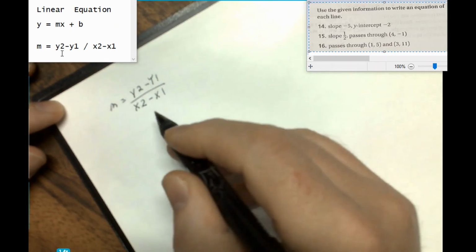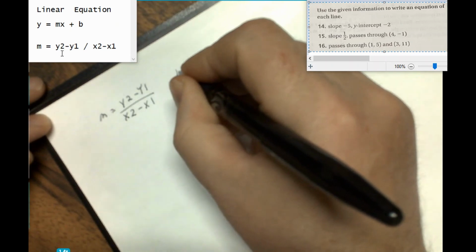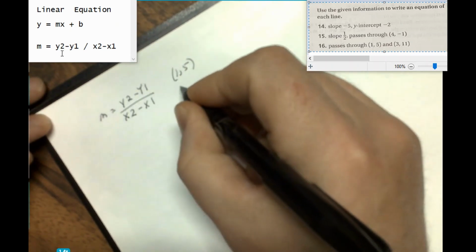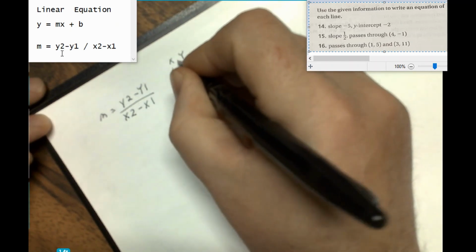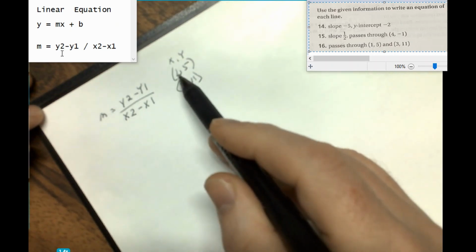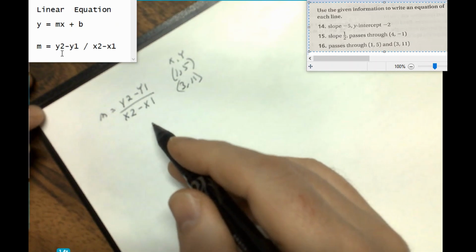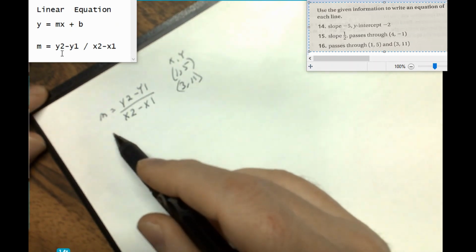Now, that's what we know to do. The two coordinates provided to us are 1 and 5, and 3 and 11, which are our x and y coordinates accordingly. So we have our x1, x2, and y1, y2. We just need to plug those into the formula and work that out to provide us the slope.